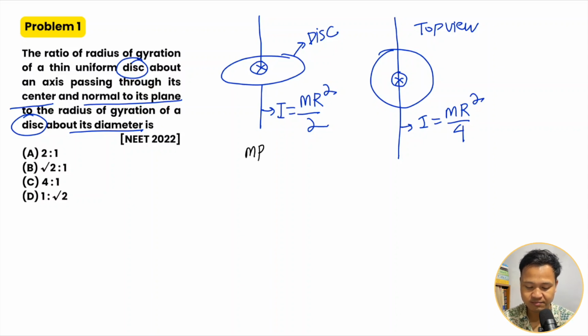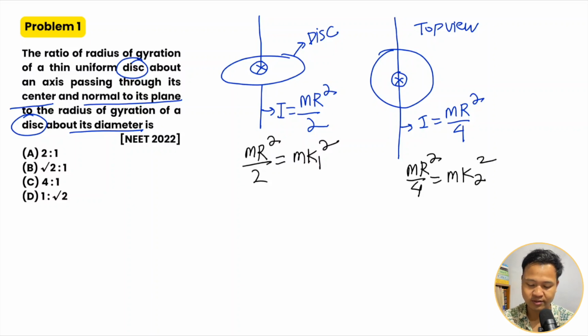For the first, m r square divided by 2 equals m k1 square, and for the second, m r square divided by 4 is equal to m k2 square. The question asks for the ratio of k1 to k2. m gets cancelled out, so I will have k1 is r by root 2.